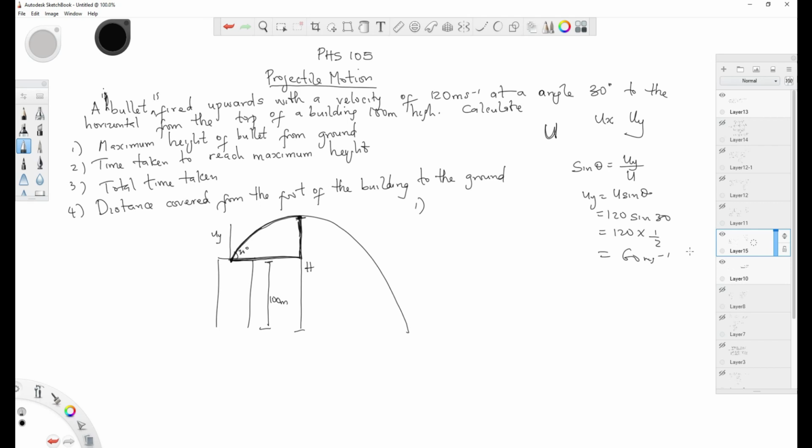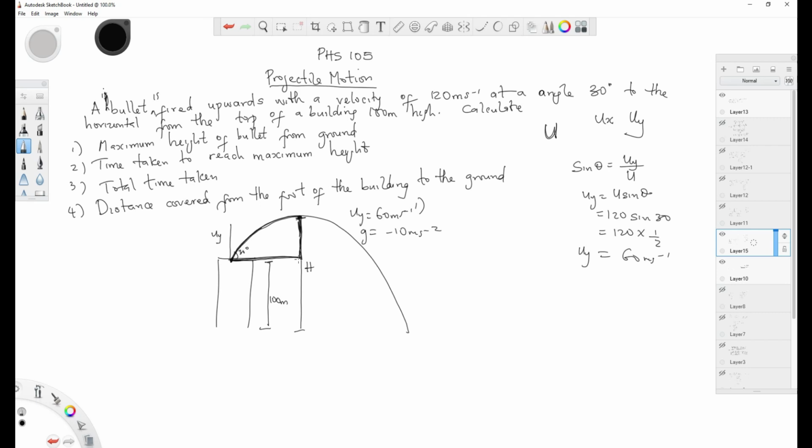Now we have gotten the uy, the vertical component of this velocity. Then we can use it to do the calculations that we want. We now know that uy in this case is 60 meters per second. And since it is going against the gravity, we know that the g is minus 10 meters per second square.